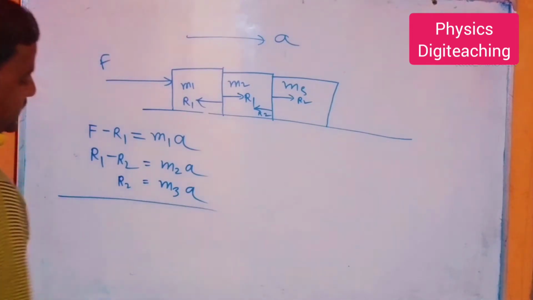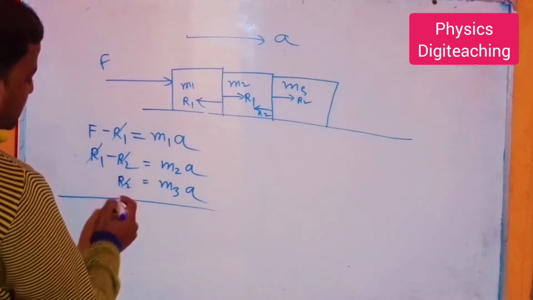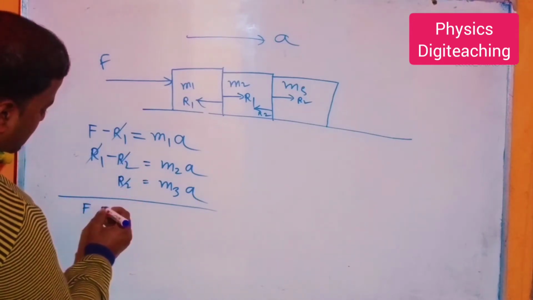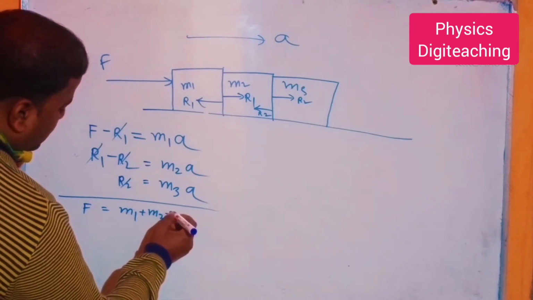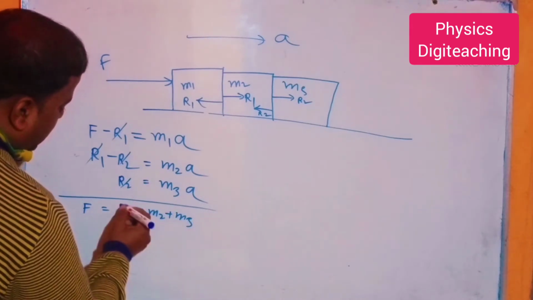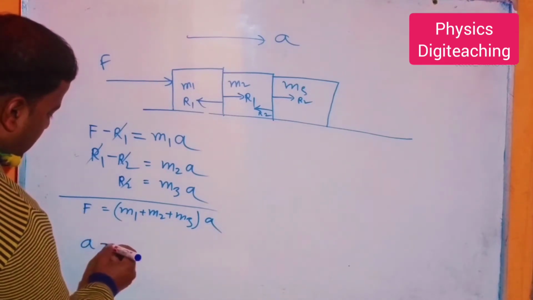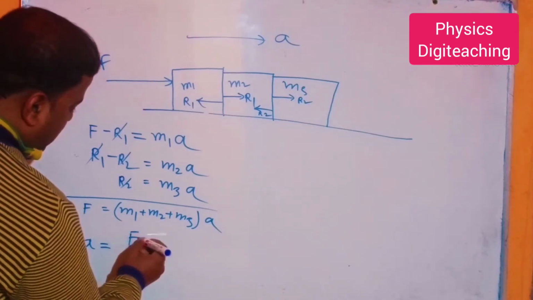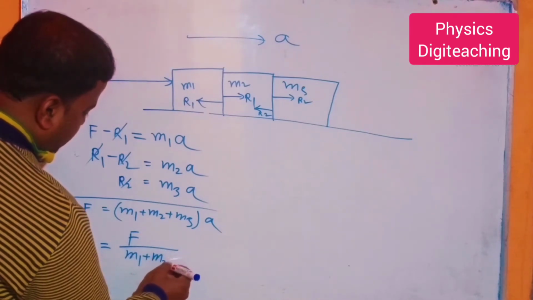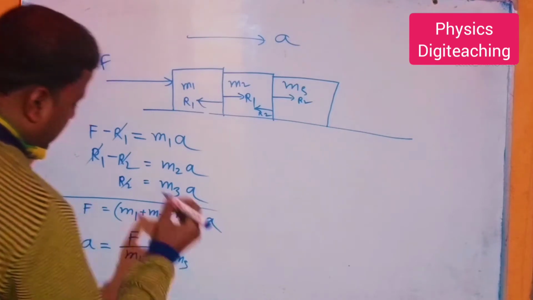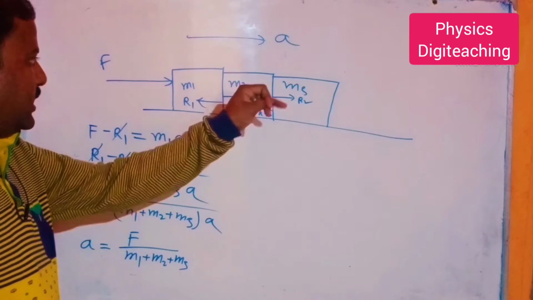Now we solve these three equations and we get F equals M1 plus M2 plus M3 into A. This gives our acceleration A equals F by M1 plus M2 plus M3. Now we find R1 and R2.